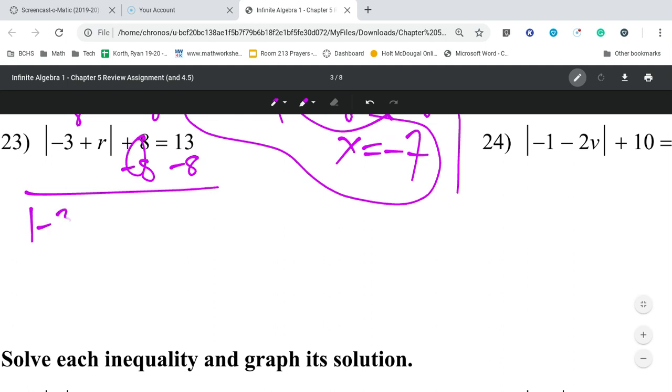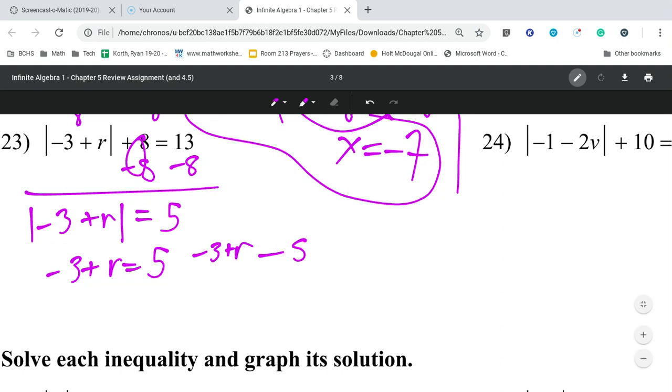Absolute value of negative 3 plus r equals 5. Absolute value is by itself. Now we can set up 2 equations. 5, negative 5. Okay, we're going to undo minus 3 with plus 3 on both sides of the equal sign. Whatever you do on one side of the equation, you have to do on the other side of the equation.